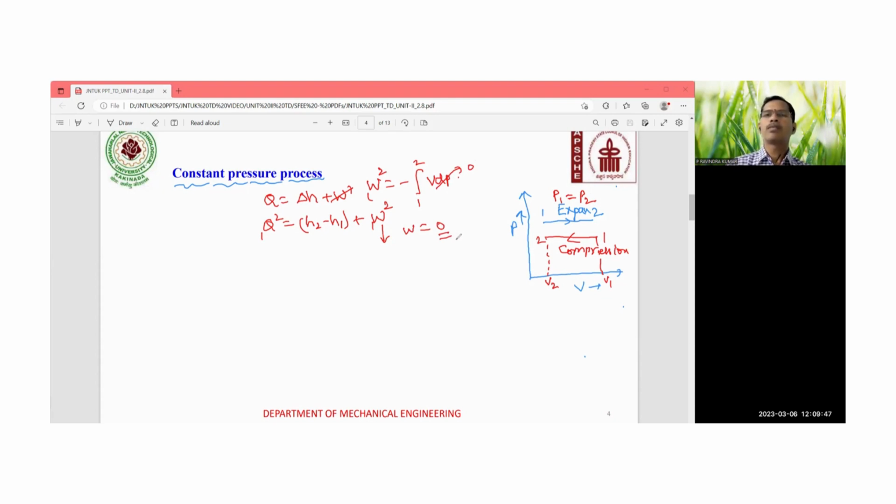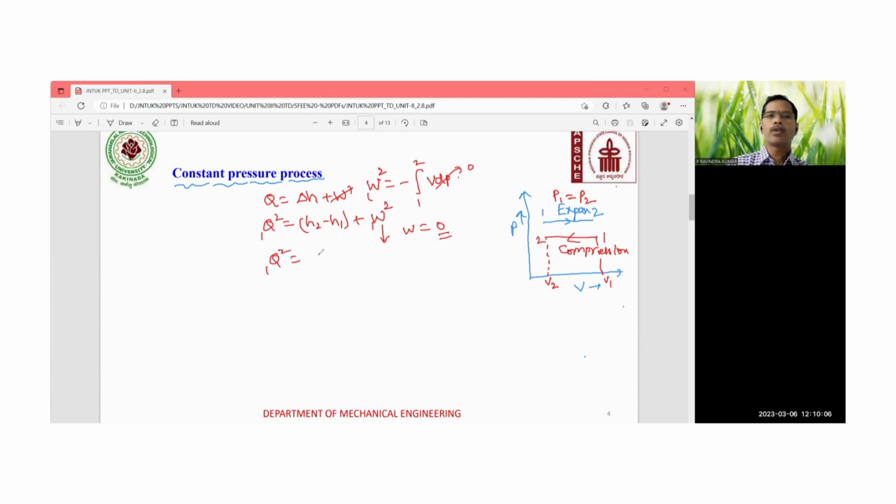Whereas in a closed system, work done is 0 in a constant volume process. But for an open system, work done is 0 in a constant pressure process. So when this W is equal to 0, then what you are going to get?